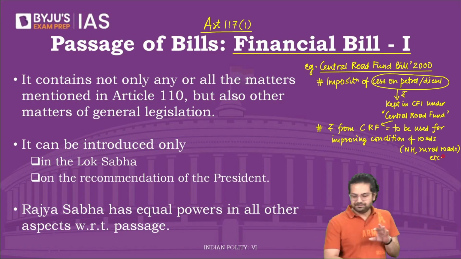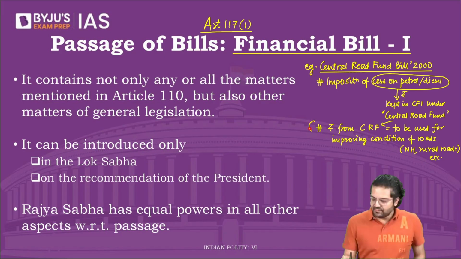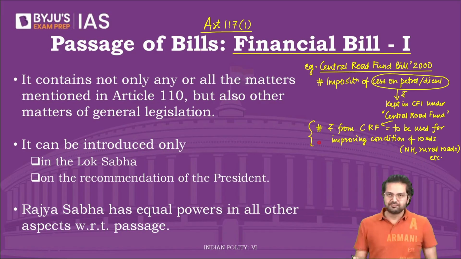Now tell me, when I say that I have to spend some money or I have to improve the highways, my target is to improve highways. This part is a focus on infrastructure. Is this a money bill?